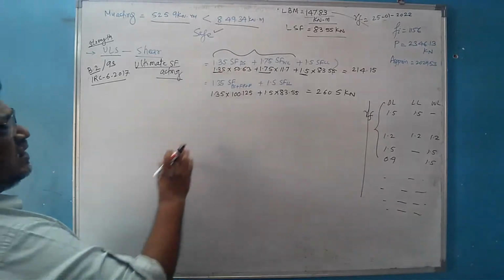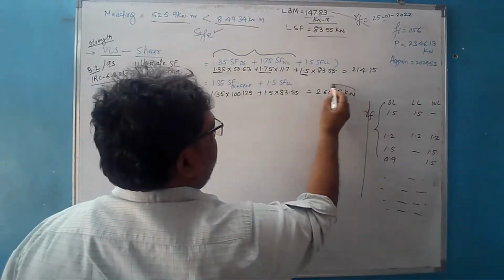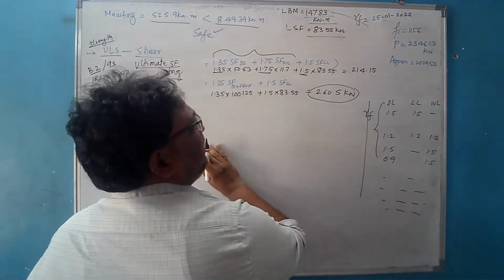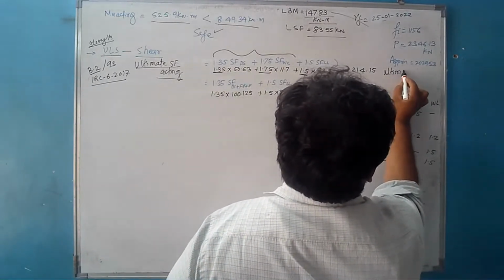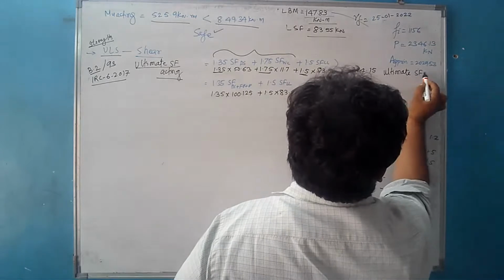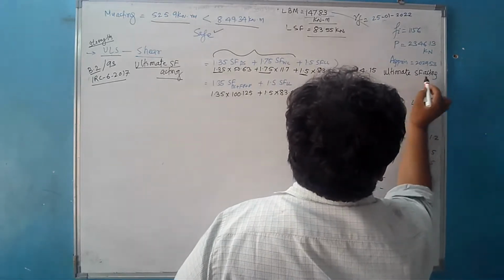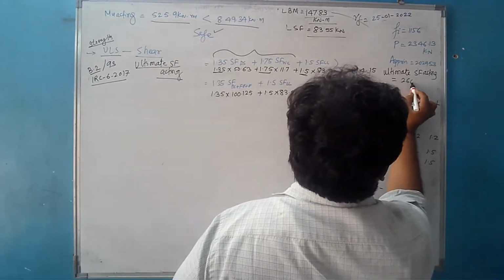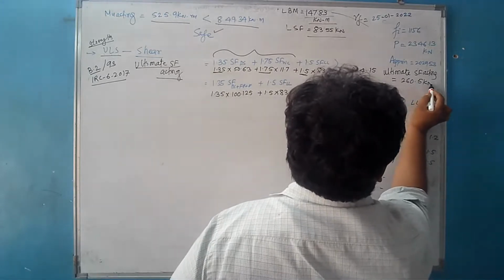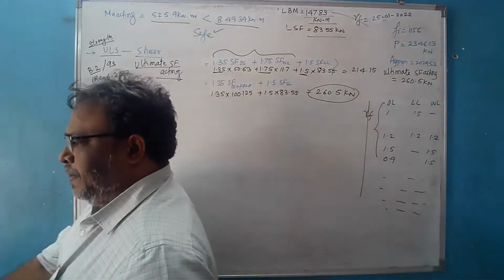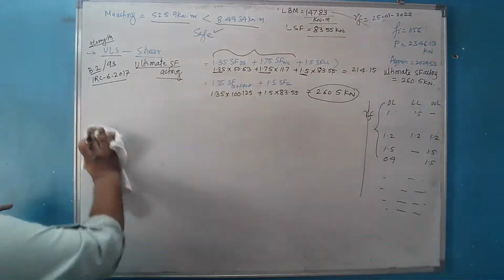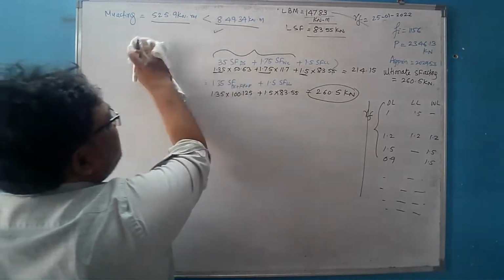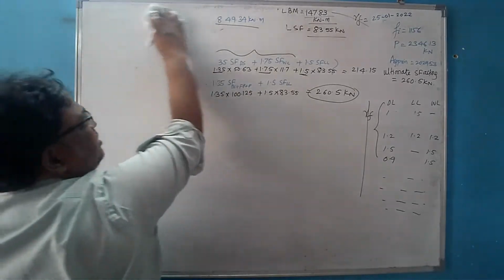So I will say that the greater of the two is 260.5. So this is the ultimate shear force acting. Okay. Now I know the ultimate shear acting, and I will determine the ultimate shear resistance.